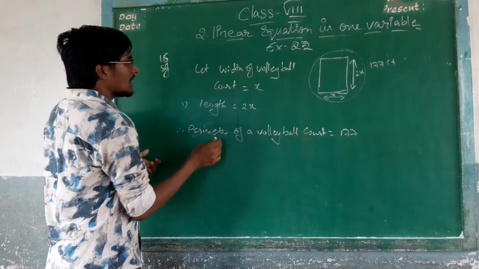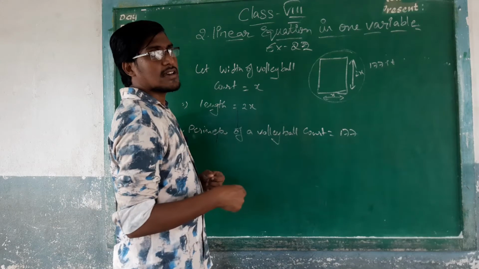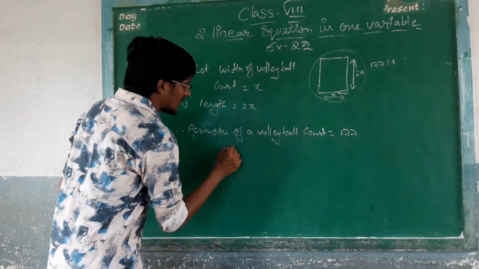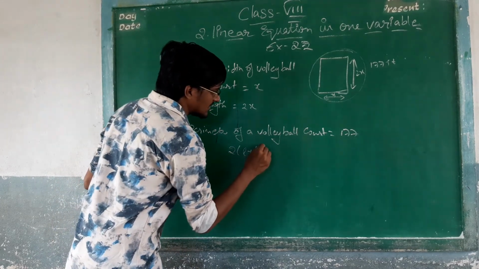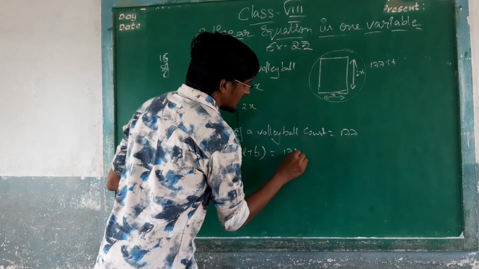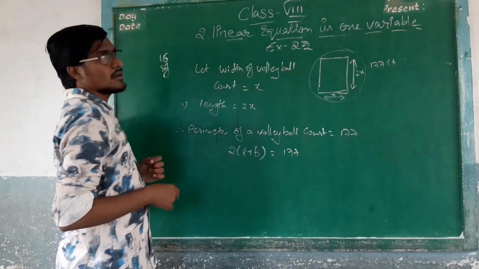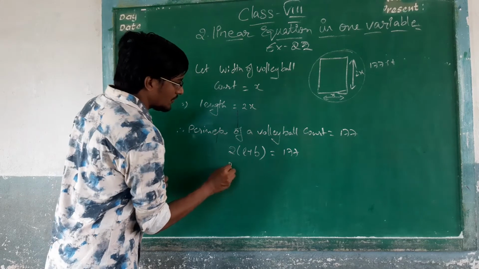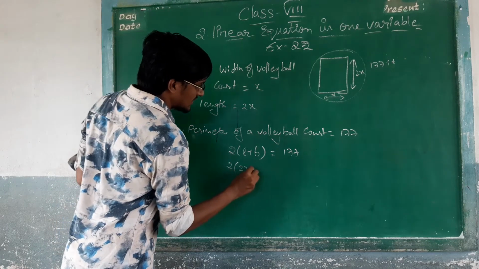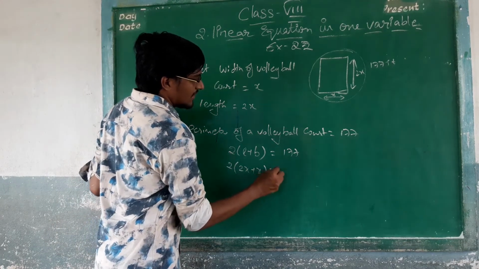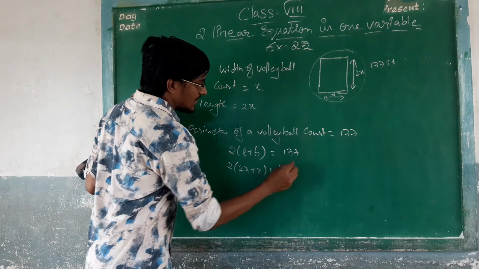Perimeter means it is in the shape of a rectangle. So the perimeter of a rectangle formula is 2 into (L plus B), that equals 177. B is nothing but width. 2 into (the length 2x plus the width x), that equals 177.